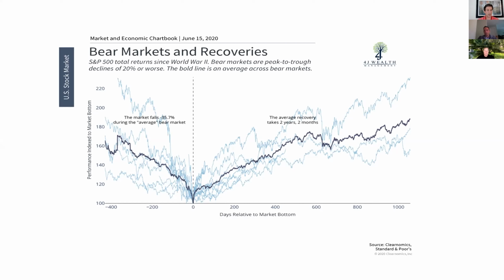What you see here is all the different bear markets that have been experienced since World War II, and the average bear market decline has been 35.7%. The average time to recover, meaning to get back to where you started. So if you had $100, declined by 35.7%, to get back to $100, it took about 2.2 years from the bottom.